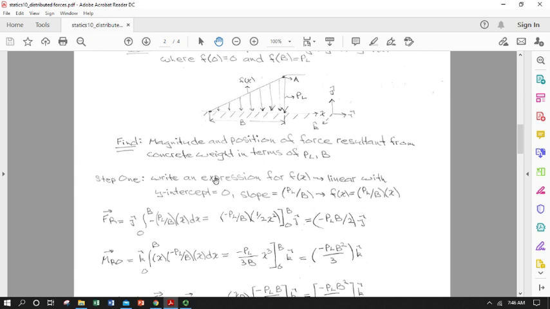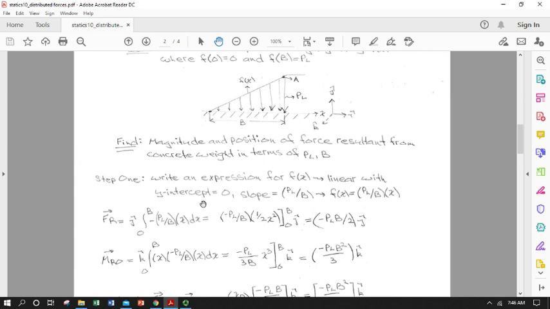Okay, step one, we need a continuous expression for that distributed load, and that usually goes by the term Q. Q is your distributed load, so that's kind of your starting point for all this integration. So it's a line. So we all took algebra, so we know how to make a line function.